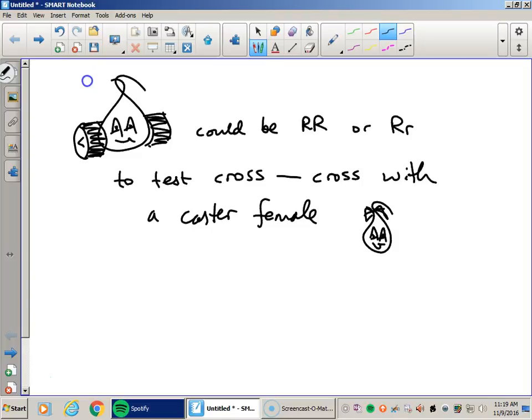And why would we do that? What do we know about her for sure, just by looking at it? Yeah, she's homozygous recessive, right? She's little r, little r.